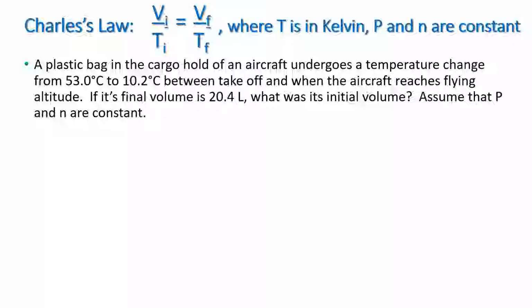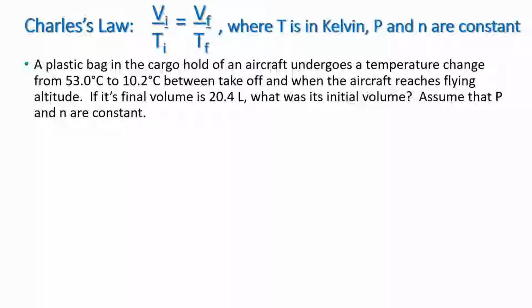And our problem reads, a plastic bag in the cargo hold of an aircraft undergoes a temperature change from 53 degrees Celsius to 10.2 degrees Celsius between takeoff and when the aircraft reaches flying altitude. If its final volume is 20.4 liters, what was the initial volume of that plastic bag? And again, it states we assume that pressure and moles are held constant.